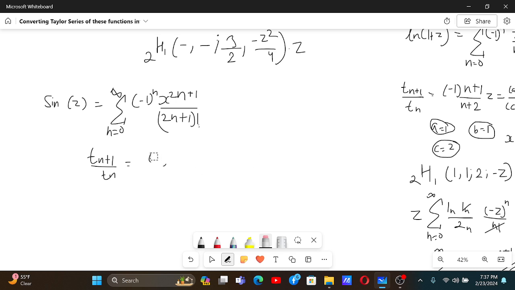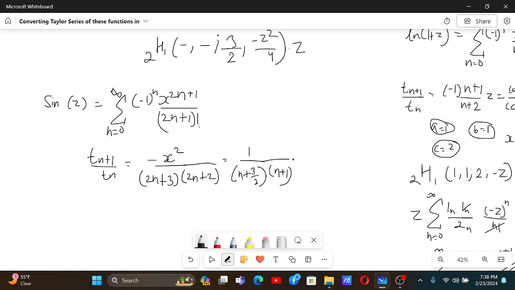If that's the factorial, it will be a different case. So minus x square by 2n plus 3, 2n plus 2. Now this can be written as 1 by n plus 3 by 2, n plus 1, and then minus x square by 4.